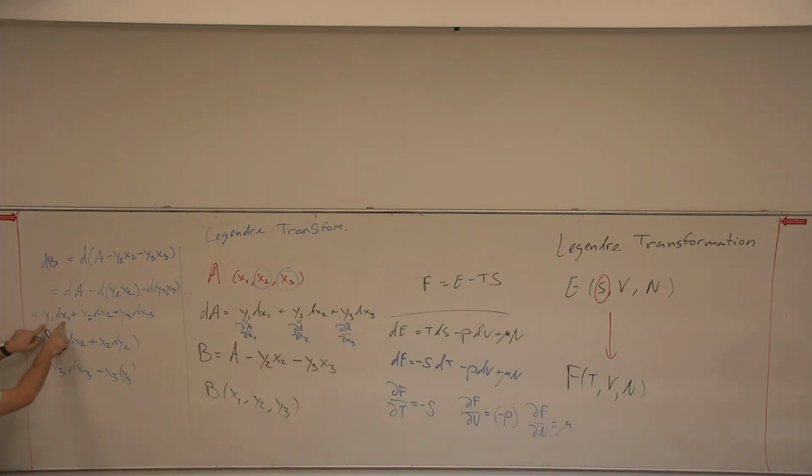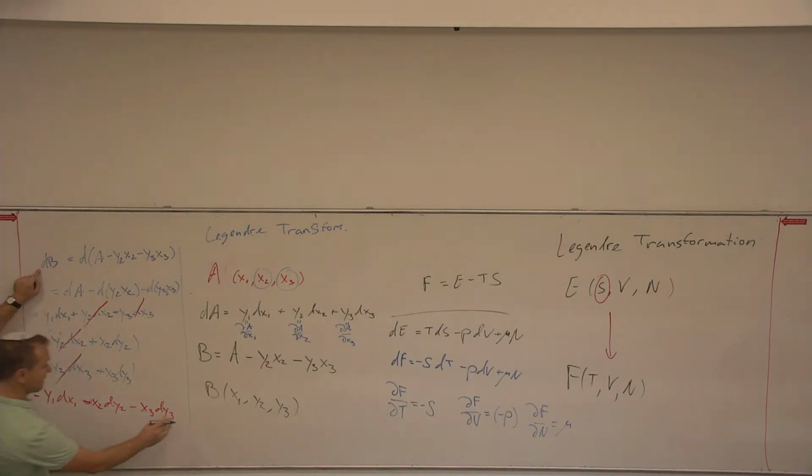So y1 dx1 still stays. For y2 dx2, here is a plus sign and here is a minus sign, so we cancel this out. Now we have y3 dx3, and here we have minus y3 dx3, so we also cancel this out. Eventually, we're left with the following three terms: y1 dx1 minus x2 dy2 minus x3 dy3.